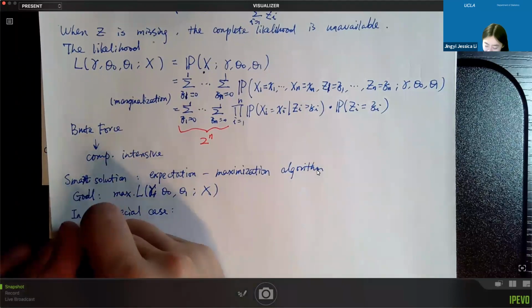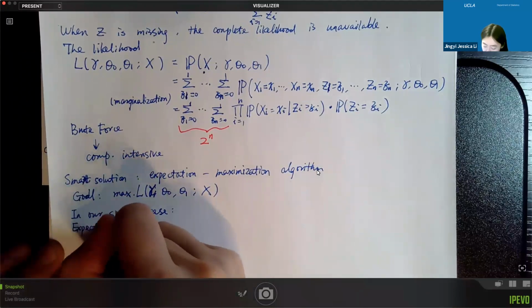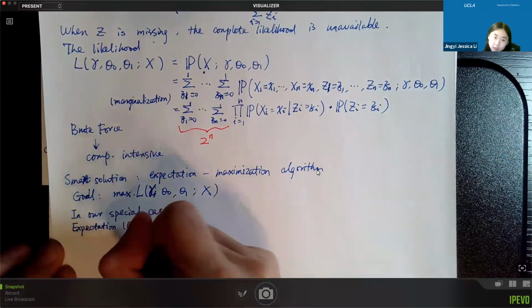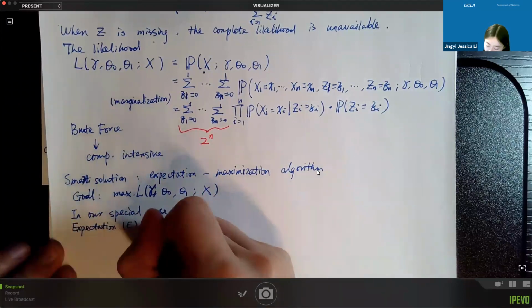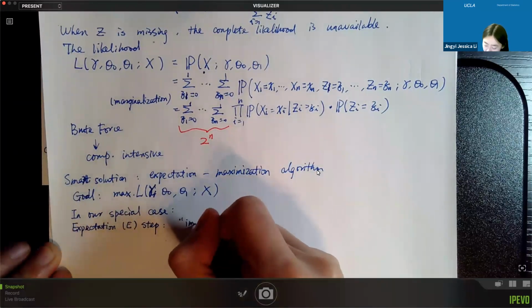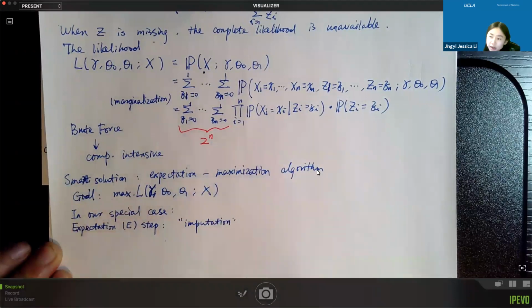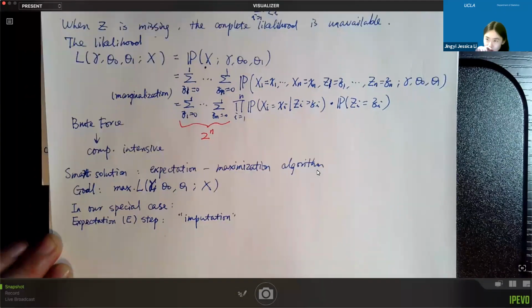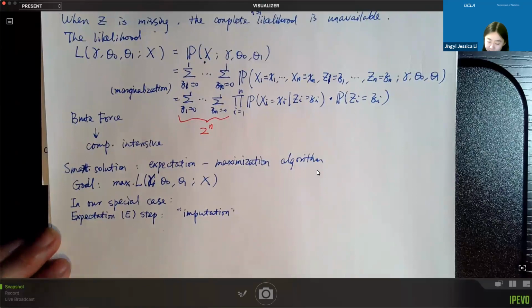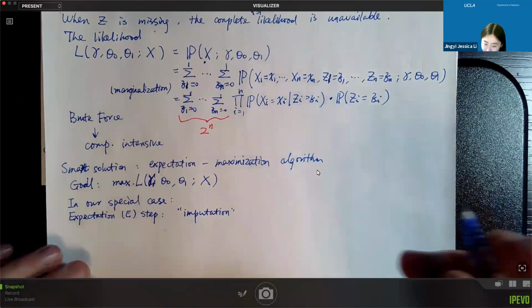I'm going to write that down, and I want to emphasize this is the special case. We are going to talk about the general case later. In the E step, you can consider it by intuition as some sort of imputation. We are going to impute the missing data based on our observed data and current parameter values. So let's assume here we already have our parameter values.